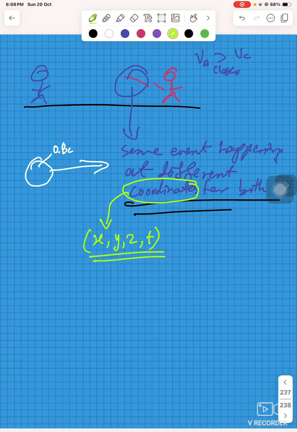These four coordinates: x, y, z, and here's time as well. But for our simplicity, we'll only talk about the x coordinate, the length, and the time.